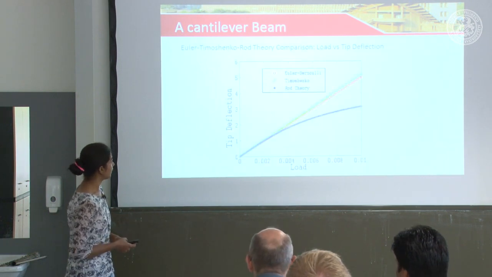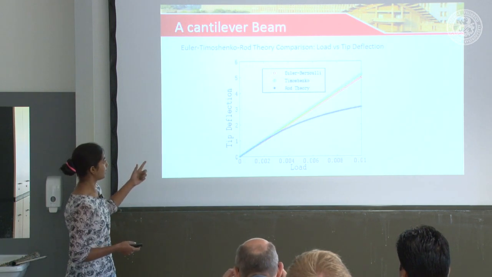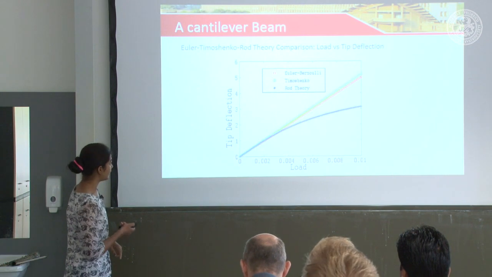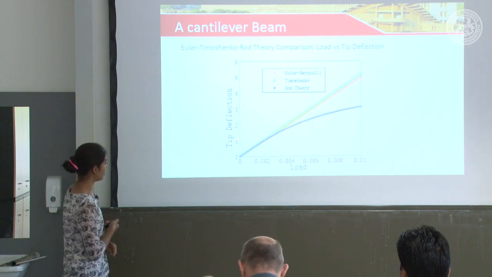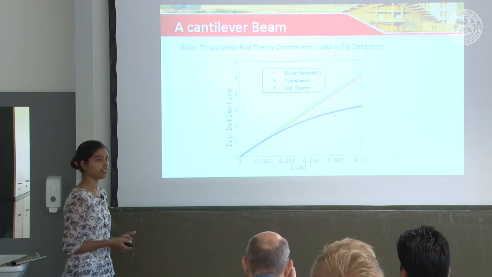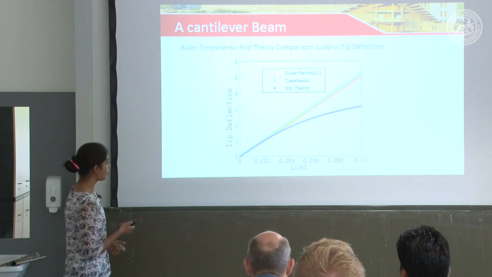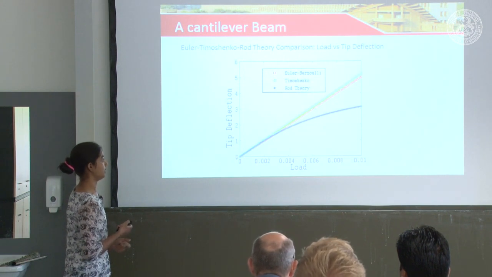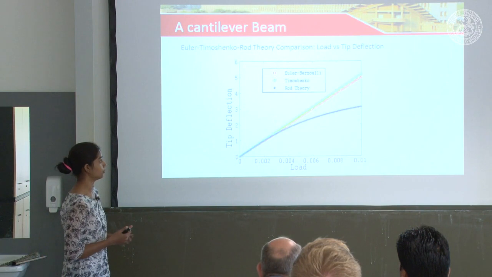The very first one is load versus tip deflection for each of the cases. Now, as we can see, for lower loads, all these theories agree with each other. But at higher loads, the Timoshenko and Euler beam theories are no more reliable.